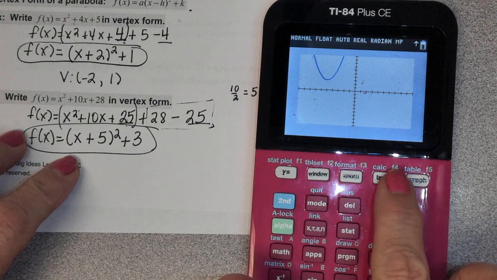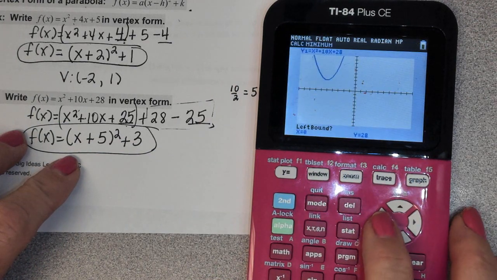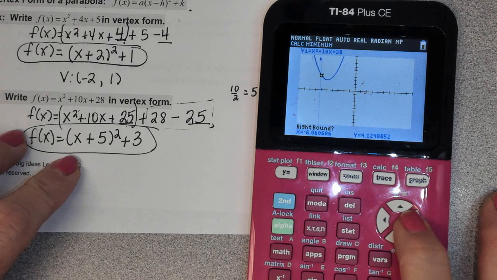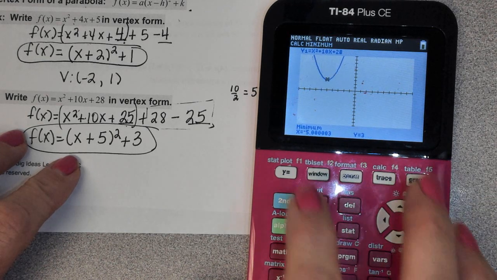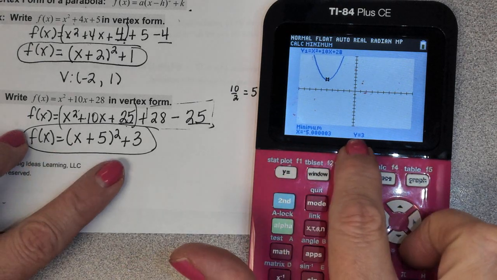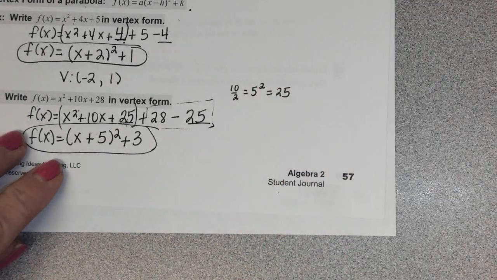Negative 5, 3. So I'm going to calculate the minimum. That's the same as the vertex. So I'm going to go to the left side of it, to the right side of it, and then I'm checking, and the vertex is negative 5, 3. So I know that's correct, because the vertex is correct.